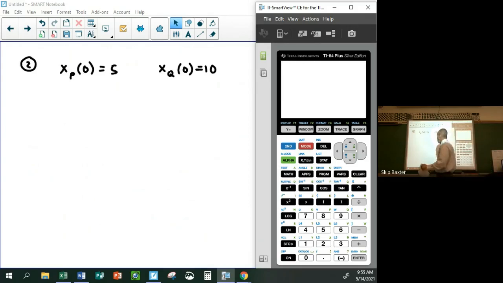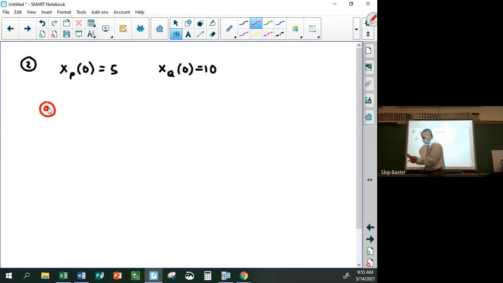So for part A, it says find the positions of particles P and Q at time t equals 1. So this is just FTC part 1, twice. That's it. So the position at time 1 for P is the position at time 0. The notation is like the hardest part of this problem.